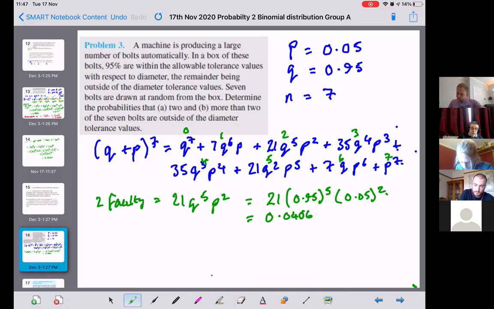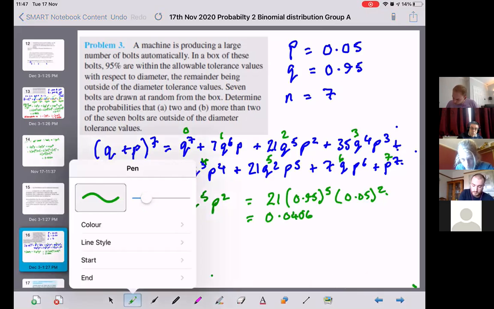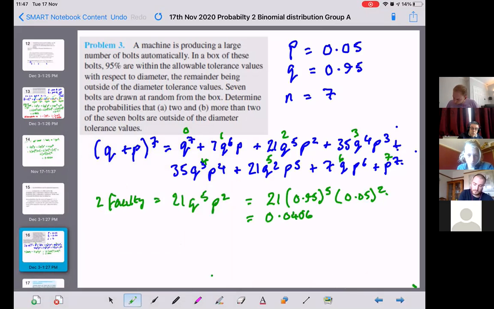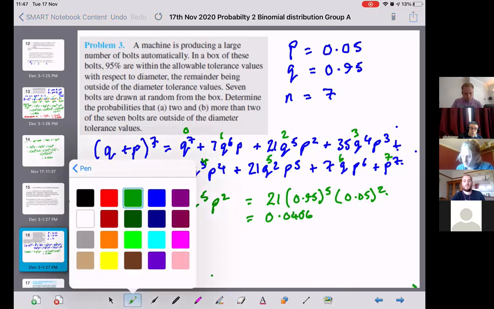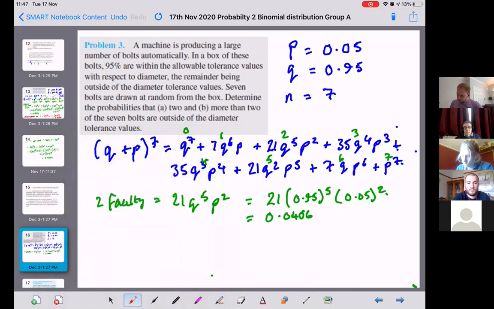What terms do we need for more than 2? How do we calculate more than 2? Would you cross off the first 3, so cross off 0, 1, and 2 and work from 3 onwards, and add the rest together?